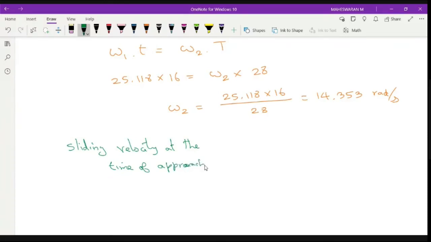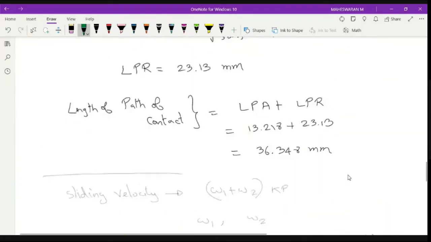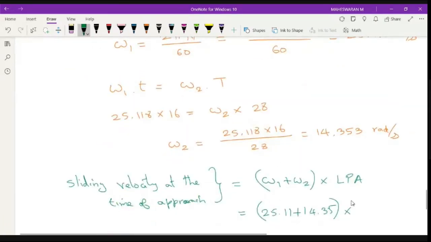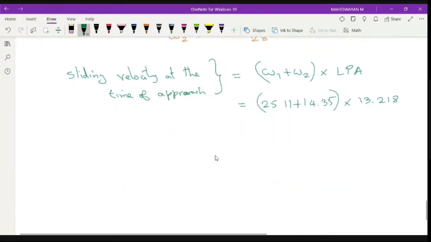Sliding velocity at the time of approach is omega 1 plus omega 2 into length of path of approach, LPA. So it is 25.11 plus 14.35 into the length of path of approach, which we identified as 13.218. What is your sliding velocity?